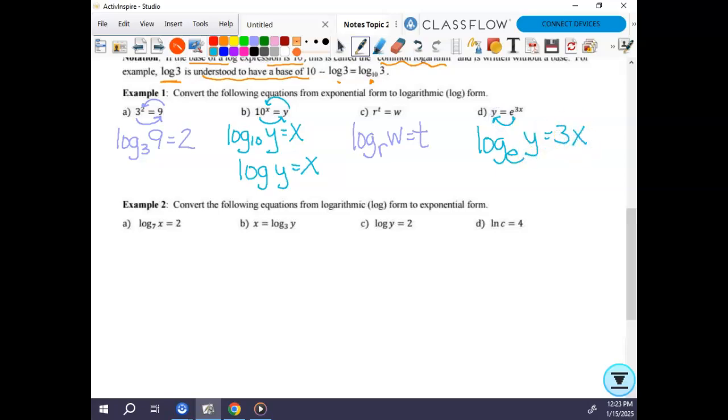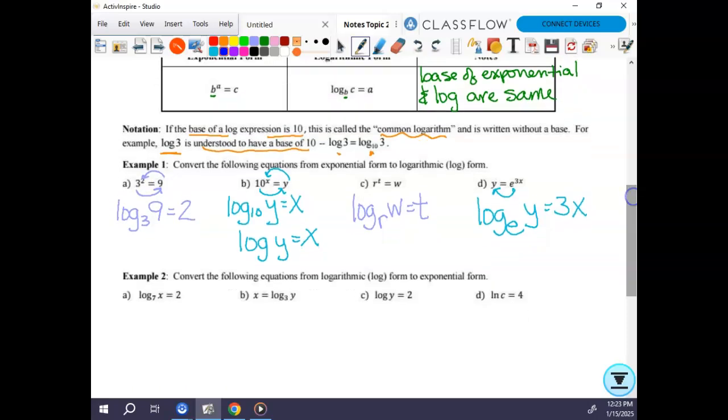Now this one, I can tell you, we're never writing it like that. Because when you do have a log base E, so if I have log base E of y, the log with the base E, that is a natural log. So it'll be the natural log of y. That is not a capital I, it is a lowercase n.